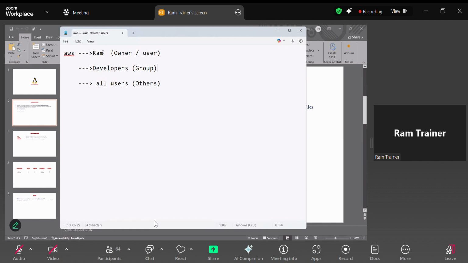Except the file owner and the file group, all are others. So these three are the categories: owner permission, group permission, others permission.